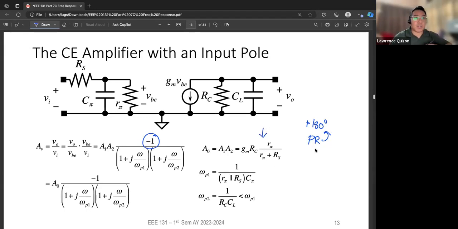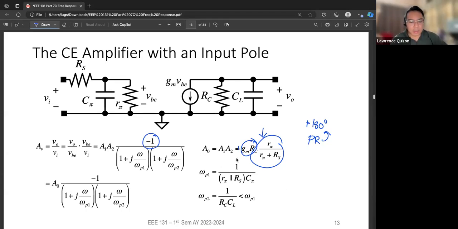Now, this is when you know you're probably correct, because gmRC is the usual expected gain, and this is the voltage division result. This is the result of having to voltage divide between Rπ and RS at the input of your amplifier. We've already seen this before.